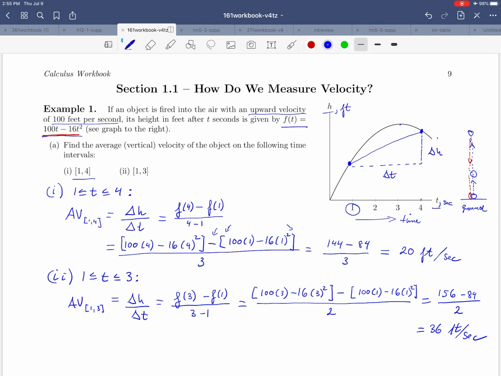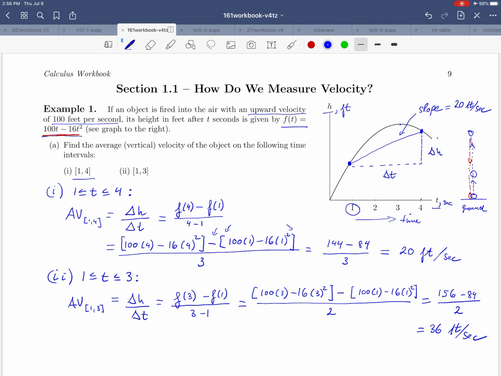So this 20 feet per second number really is the slope of this line. So the slope is 20 feet per second, and it gives us the average velocity of our object between 1 and 4 seconds.